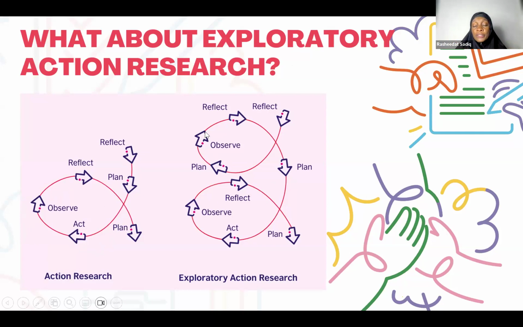And you use different tools to find out what is happening. You get your findings, you reflect on those findings, and then you plan your action. And then you observe the action, you reflect on the outcome of the action, and if necessary, you plan again. So we talked about it being cyclical. So you just keep on observing to make sure that, oh, things are not changing too much. You're still getting the results that you want to get.